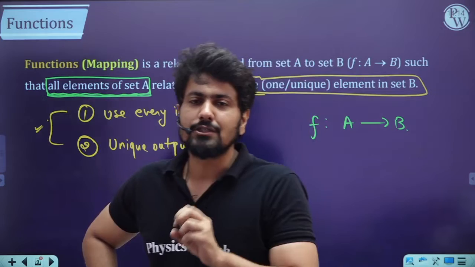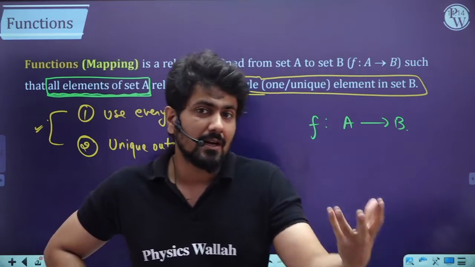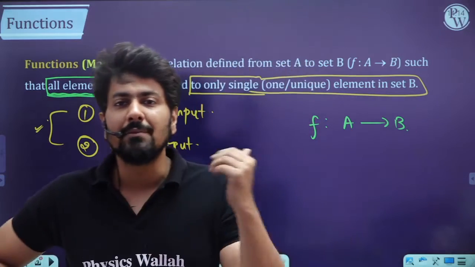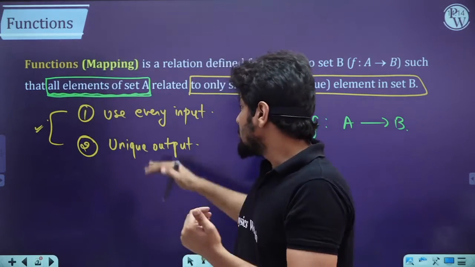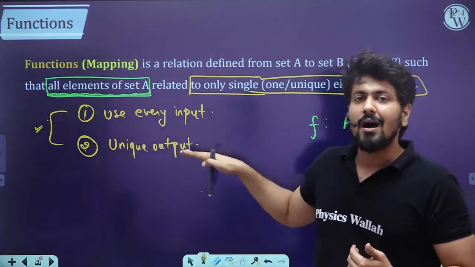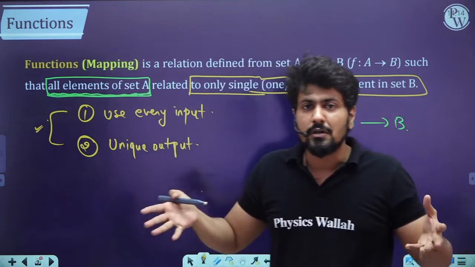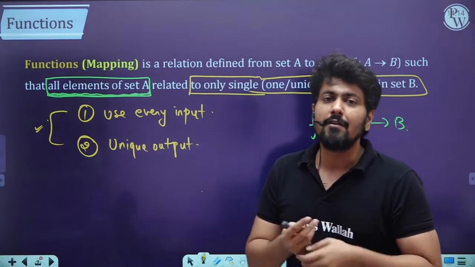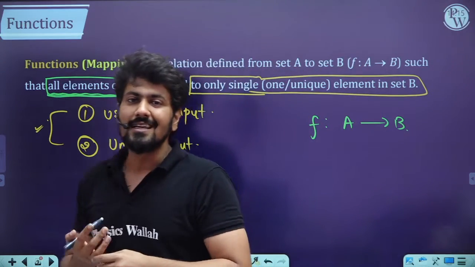Like what is 2 raised to the power 5? There will be a unique answer: 32. The calculator is not giving you multiple answers. So that's the thing. You need to use every input, and you can't have multiple outputs for a single input. There will be a unique output.